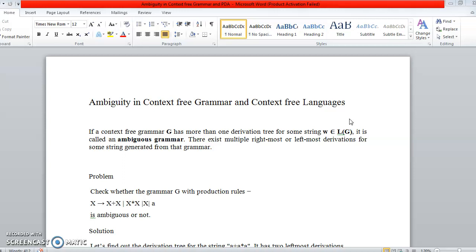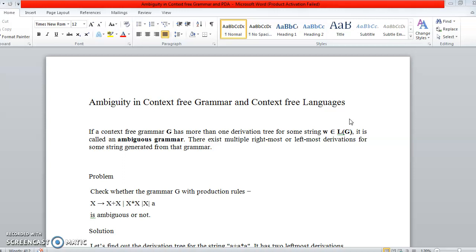What is the ambiguousness of the CFG? The ambiguousness is nothing but applying the same method or same derivations in our production rules to get a particular string.